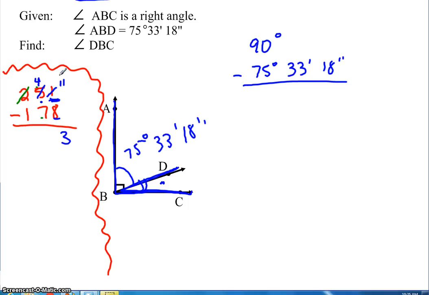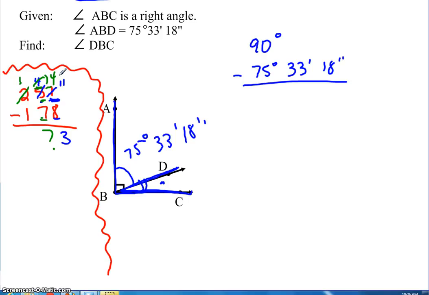If I borrow one of these 100s, 100 gives me 10 tens, so I add 10 tens and that gives me no longer 4, but 14. Then 14 take away 7 is 7, and then 1 take away 1 is nothing. So I would get the answer of 73.